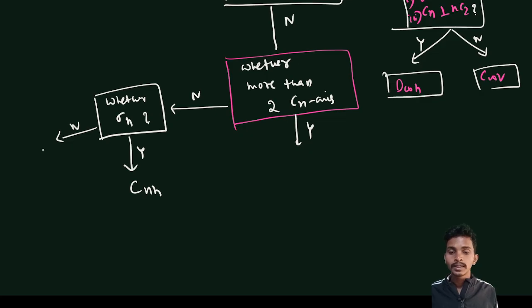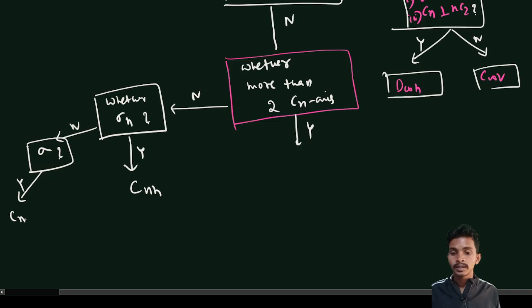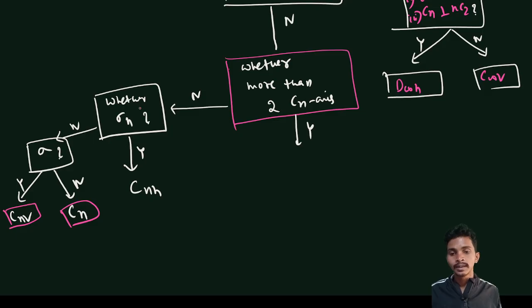If no, then I will ask again whether sigma v is present or not. If sigma v is present, yes, then that is CnV, and if it is no, then that is simply Cn. So I am just applying: whether sigma v is present, yes, then CnV, and if not, then Cn. And if sigma h is present, then that is CnH.